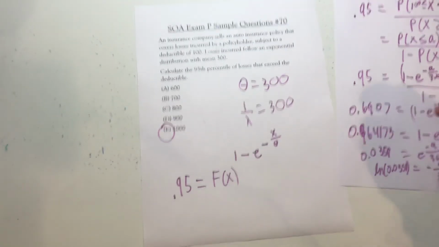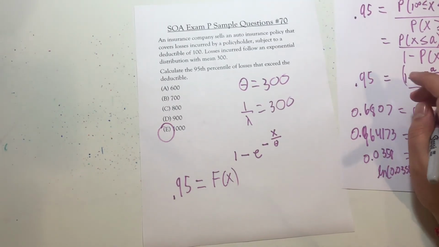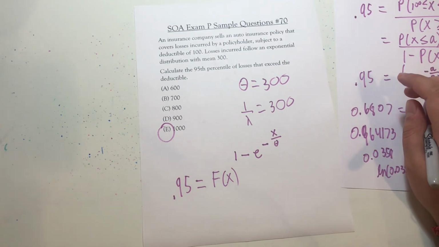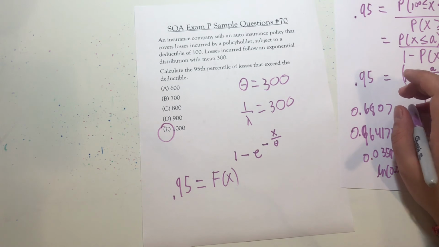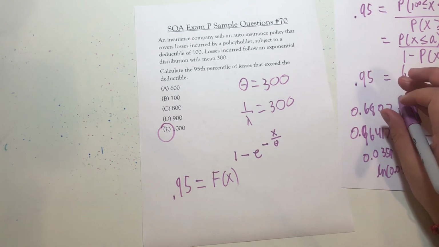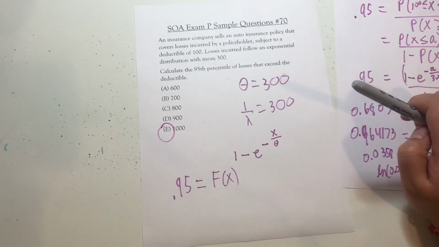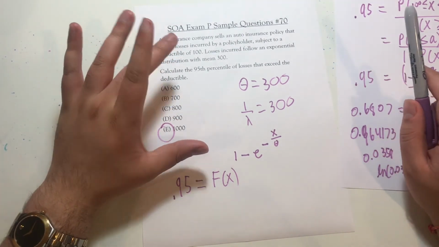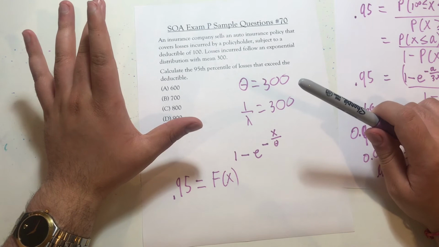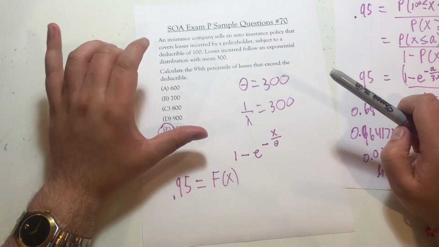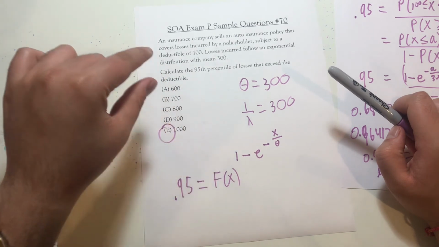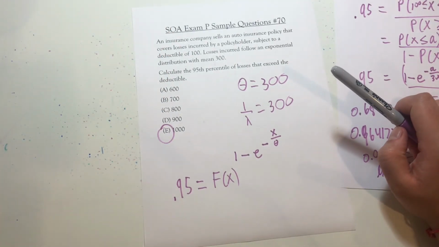All right, so brief overview of the problem. We're given a loss, and it's got a deductible of 100. And the loss follows an exponential distribution. And then it does something a little bit different too. If you're going through these questions in order, it does something different to what the previous few problems might have asked. It asks us to calculate the 95th percentile of the loss, not the payment.